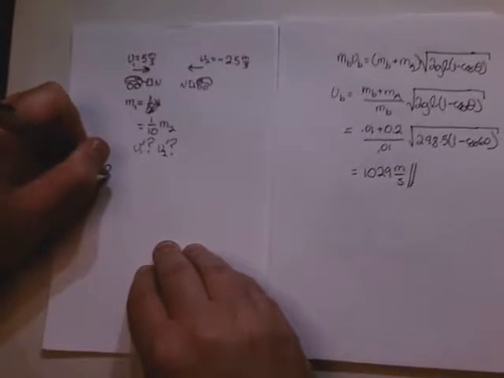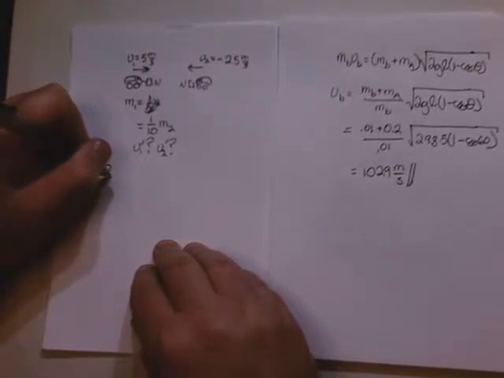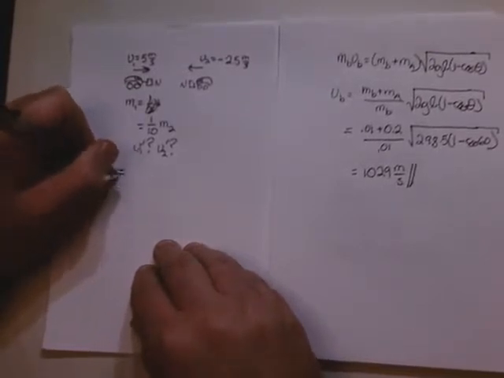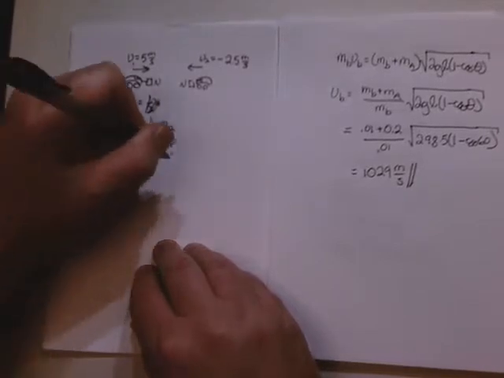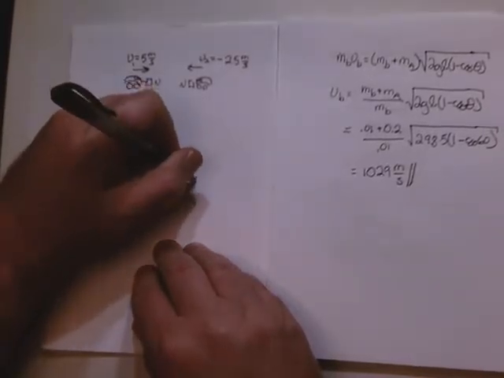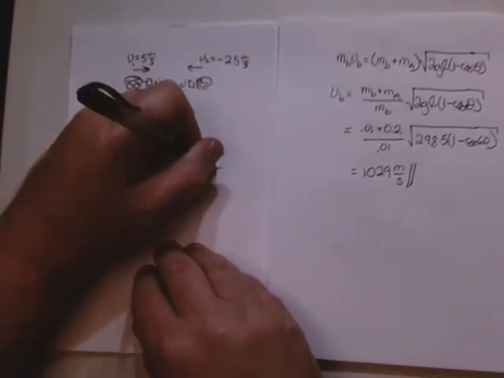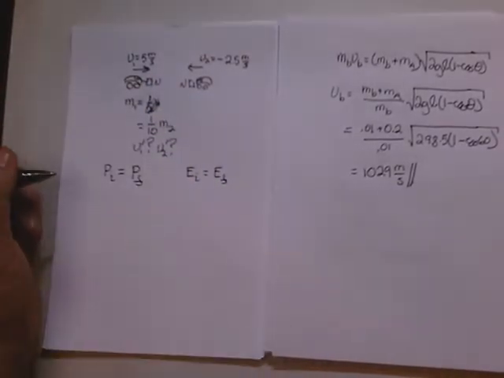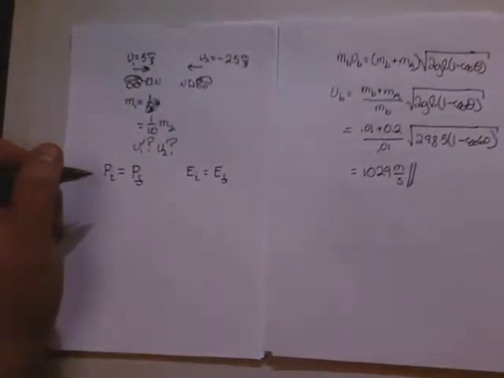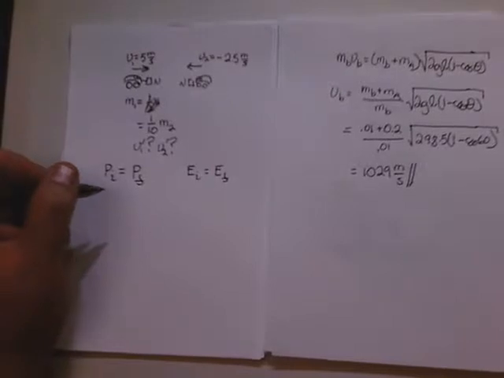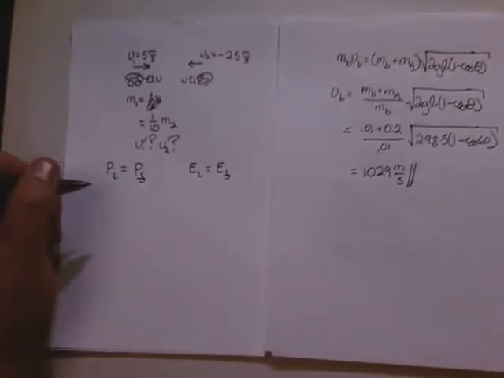Well, it's elastic, so the initial momentum is equal to the final momentum, and the initial energy is equal to the final energy. Those are true. These elastic collision problems at their core are 2 equations, 2 unknowns.